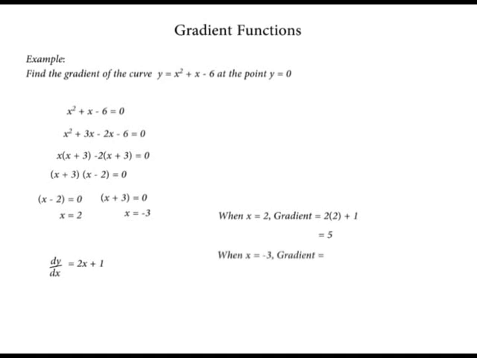Substitute now negative 3. 2 times minus 3 plus 1 will give us minus 5. And so the gradient of the curve at the point x is negative 3 is minus 5.